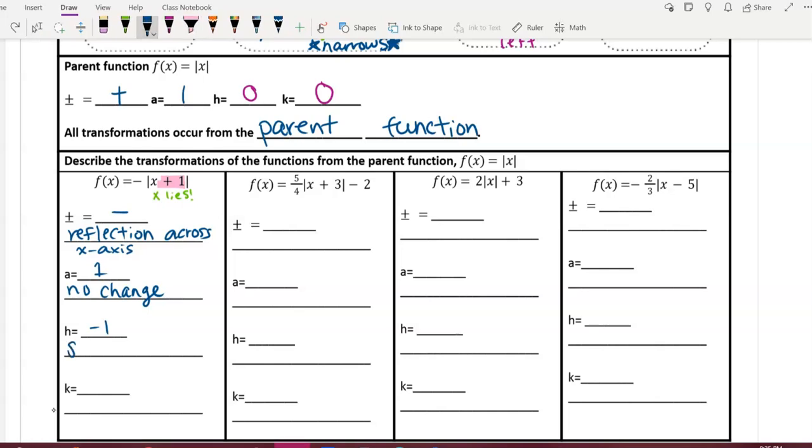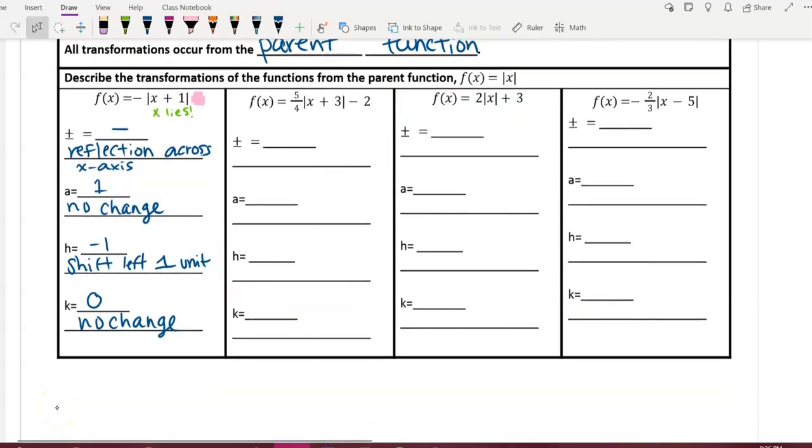So we can say shift left. How many is it going to the left? 1 unit. Great. All right, the k value. K is always at the end, and there's nothing on the end here, so the k value is 0, which means there is no change.